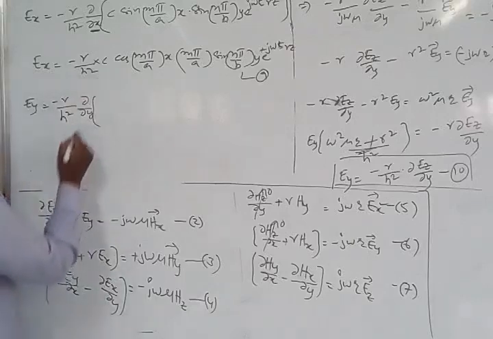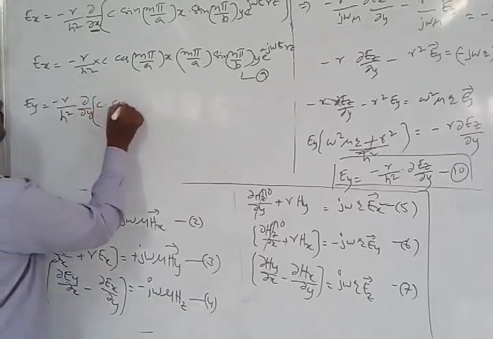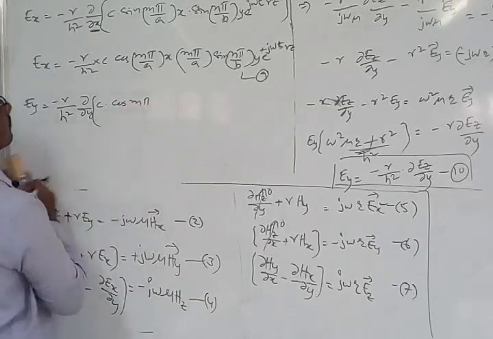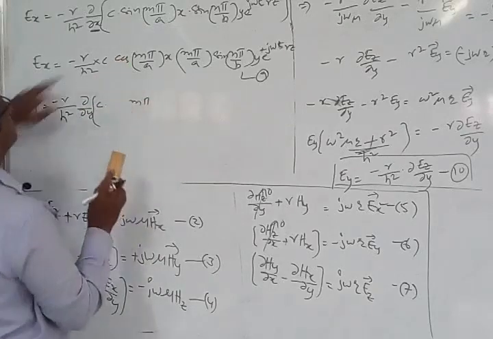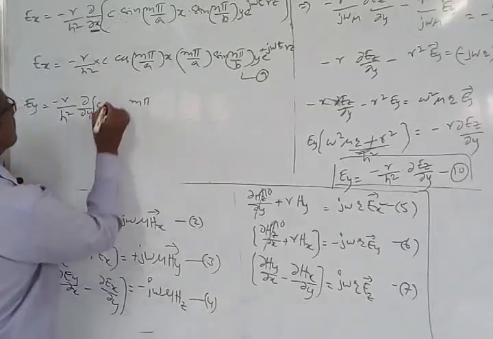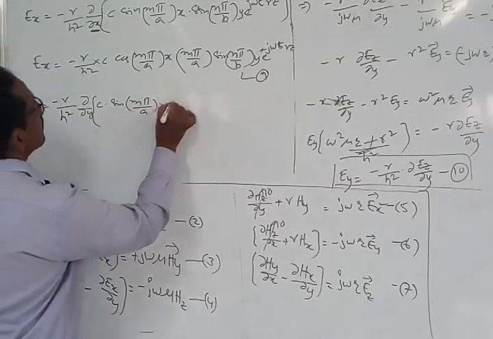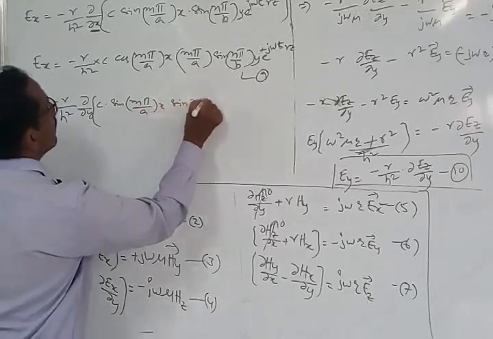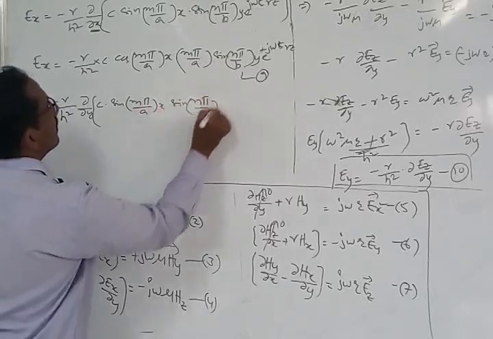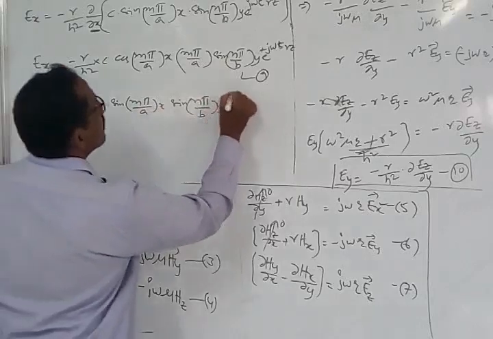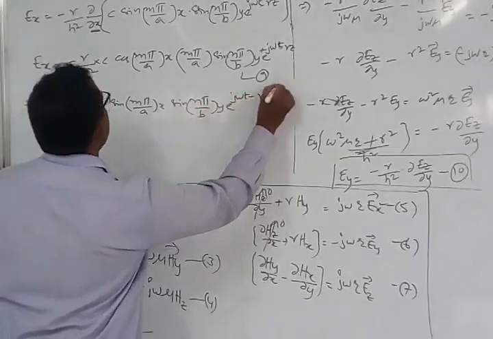Now this is what my Ez: C cos of m pi, sin of m pi by a into x into sin of n pi by b into y into e raised to j omega t minus gamma z.